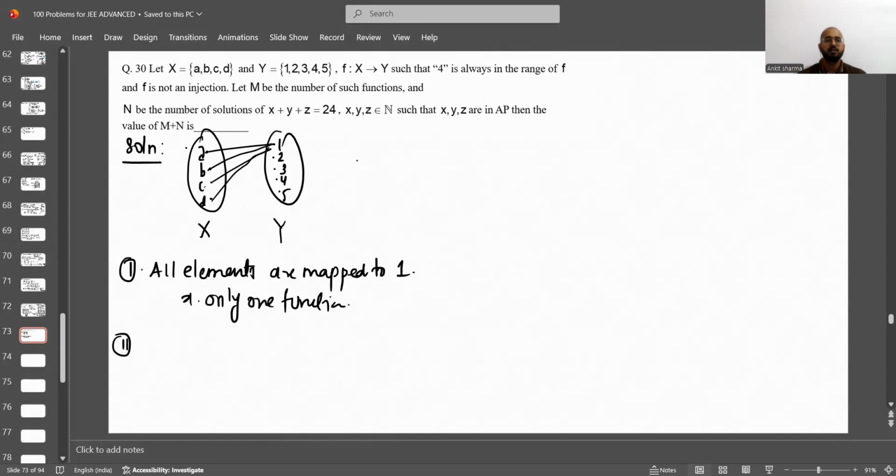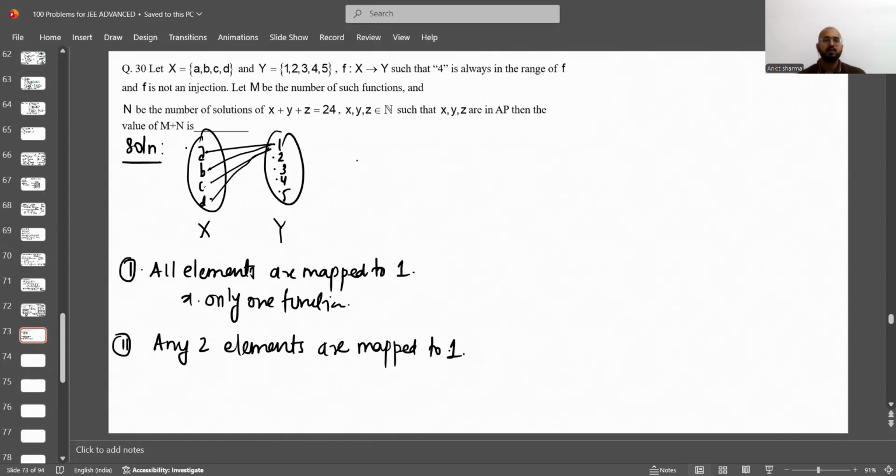Now the second case is that any two elements are mapped to 4.